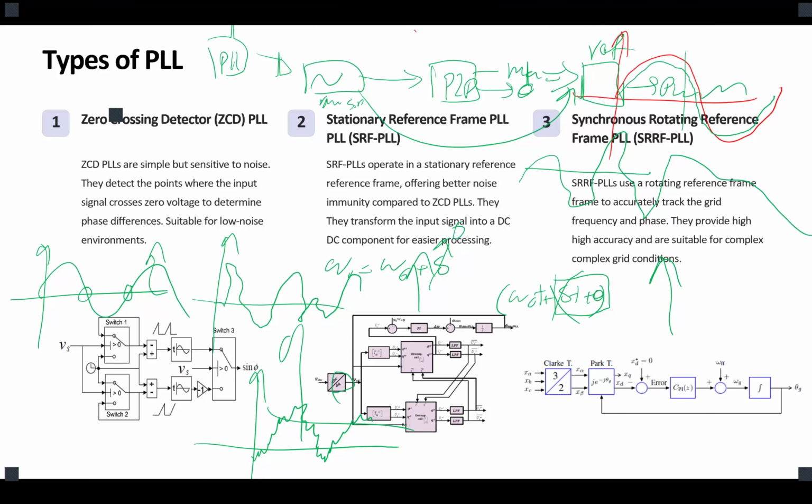So you have a sine, cosine version of your signal, and based on that stationary frame, you can analyze what the difference of the frequency is. If there is a difference of frequency, your vector is going to be rotating. If your vector is solid in your system, that means you have zero frequency difference. If your vector is changing, that means between the sine version and cosine version there's a difference of frequency. A stationary frame system.